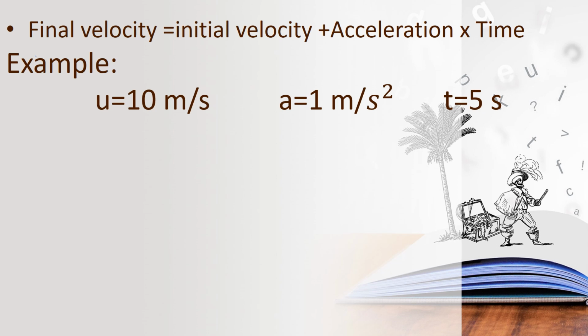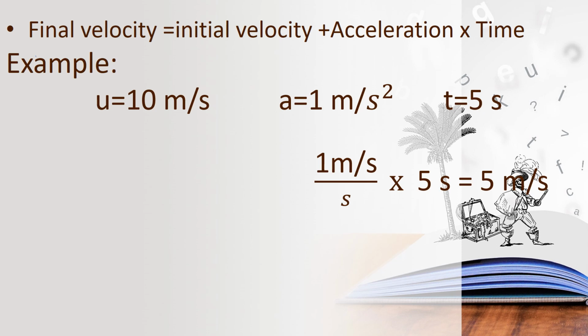So in 5 seconds, how much velocity is changed? How will you find the change in velocity? This is acceleration into time. So 1 meter per second square into 5 seconds. So what is the change in velocity? 5 meter per second.